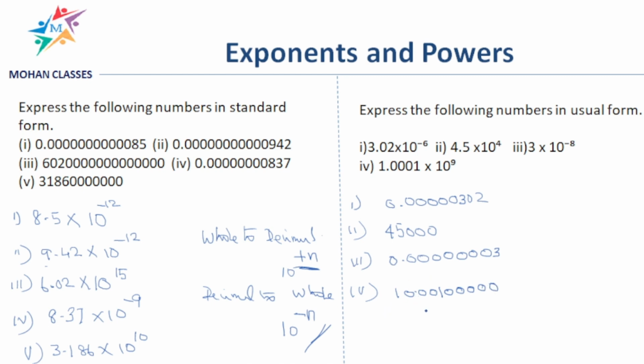Now you check 1, 2, 3, 4, 5, 6, 7, 8, 9. Here, that's it. That's it for the day. You practice like this in your textbook for the standard and scientific notation. So like this you may get a question in your examinations. I hope you understand exponents and powers.